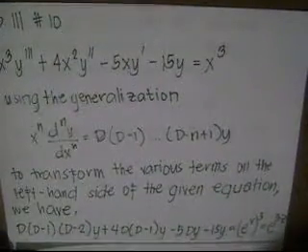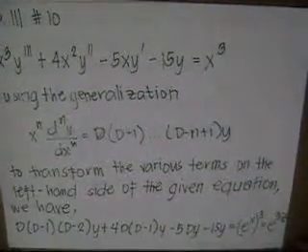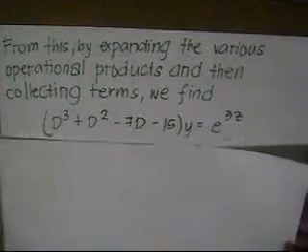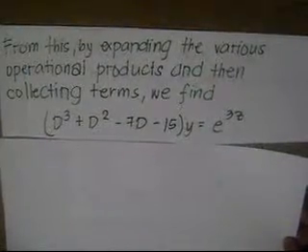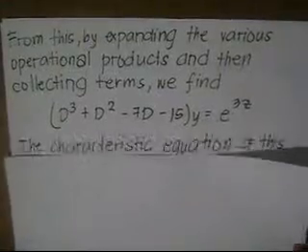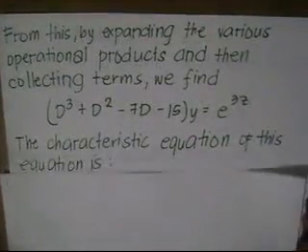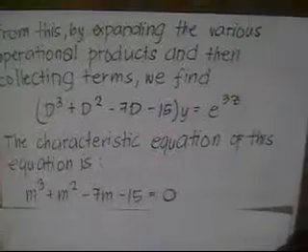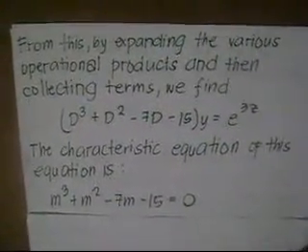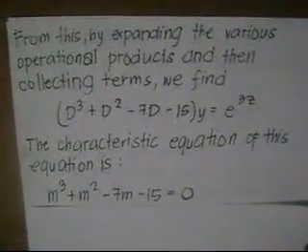Here x cubed equals e^(3z). From this, by expanding the various operational products and then collecting terms, we find (D cubed + D squared - 7D - 15)y = e^(3z). The characteristic equation of this equation is m cubed + m squared - 7m - 15 = 0.